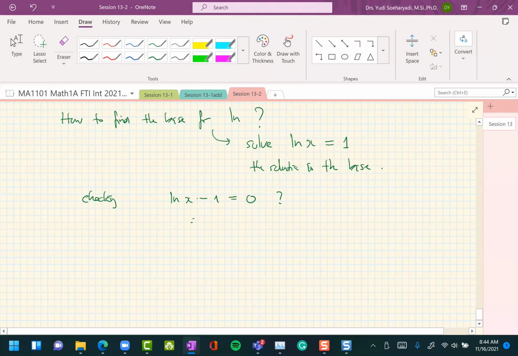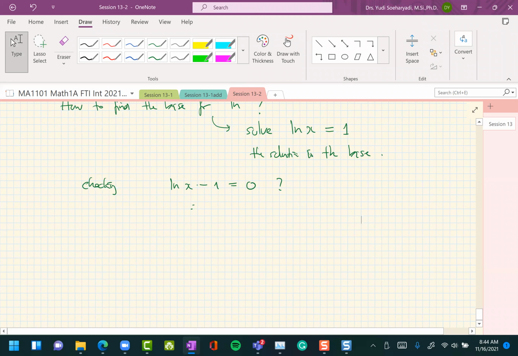I use the bisection method, remember? If you plug in x equals 2, you can check g of x, which is ln x minus 1.